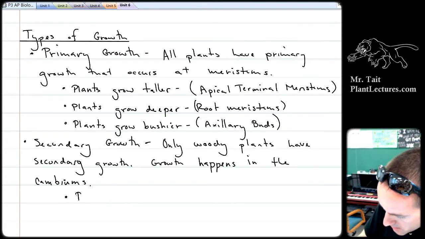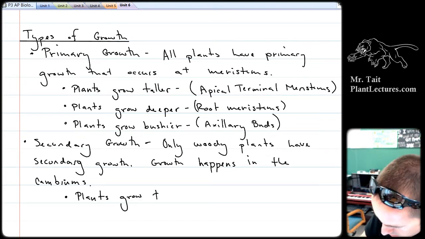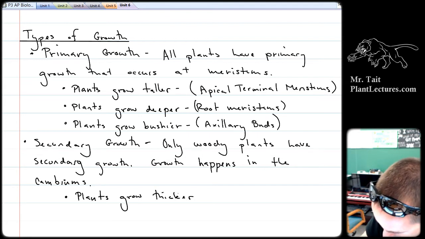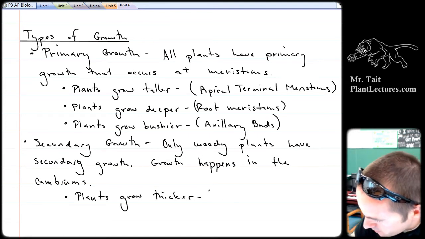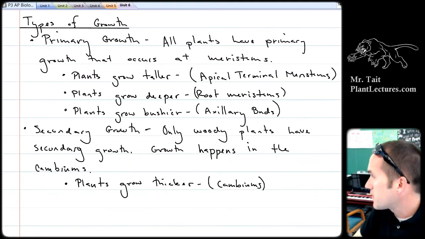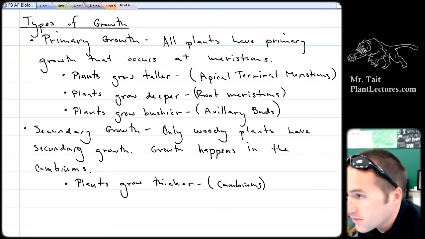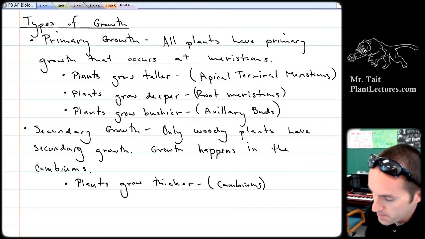So this causes plants to grow thicker. And there's two major types of cambiums that we're going to look at. There's something called the vascular cambium, and there's something that's called the cork cambium.